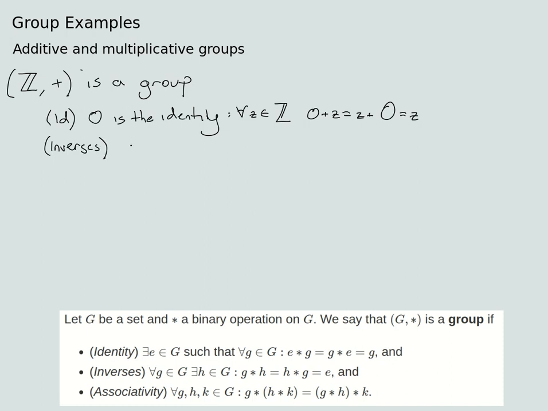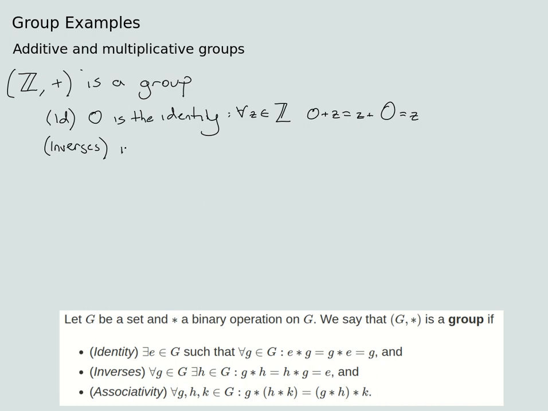Alright, so what we need for each integer lowercase g, we need another integer h, such that g plus h, or h plus g, is equal to the identity, which we know to be 0. So of course, if g is an integer, then minus g is an integer as well, and when you add g and minus g, you'll get the identity 0. So the inverses axiom is going to be true because for every integer g, there is another integer minus g.